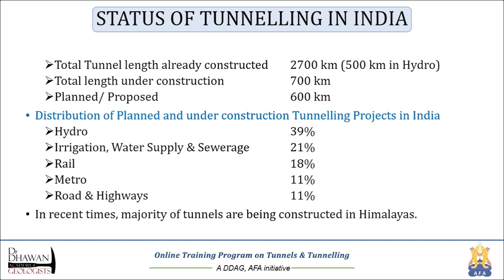From the above data, you will see that hydro and irrigation sectors are dominating the scene, but as far as speed is concerned, it is much better in railway, metro and highway sectors. The speed of construction is much faster for rail, highway and metro tunnels.